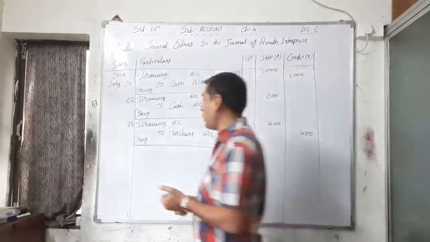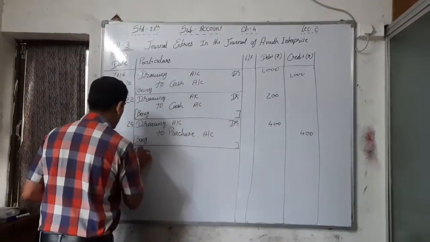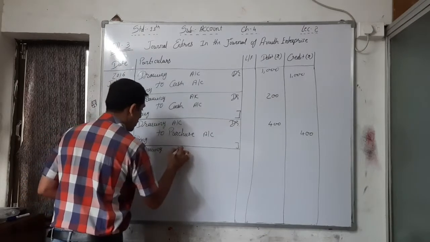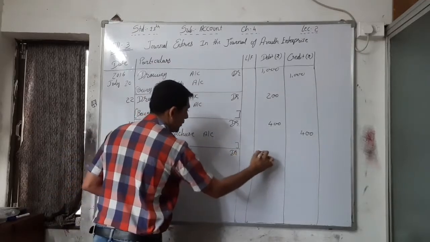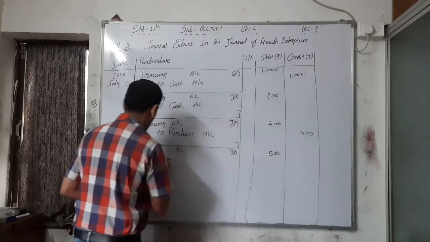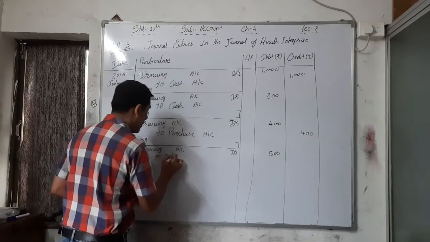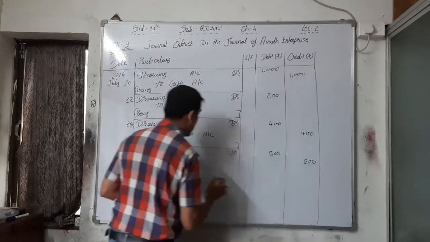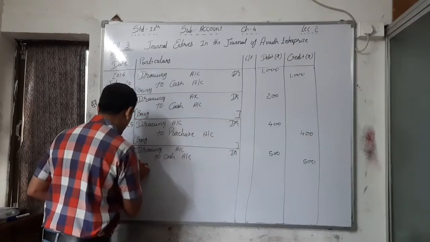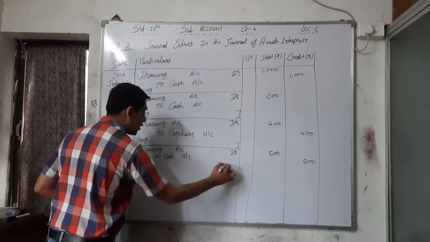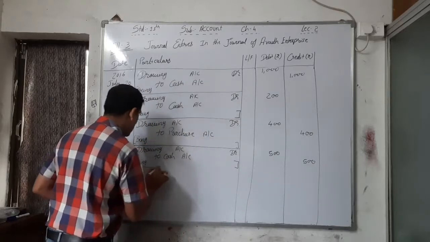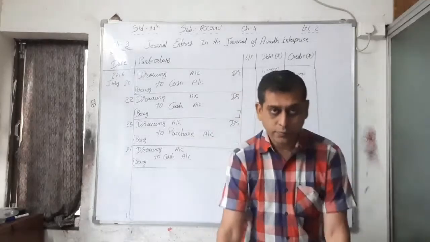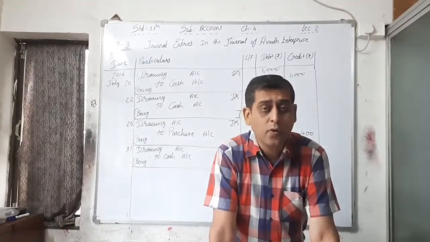So the last one, 31st, drawing account debit rupees 500. Cash is paid for that, so to cash account, cash goes out from the business, not any goods. That's why we credit cash account, being college tuition fee of his son of rupees 500 paid from the business.